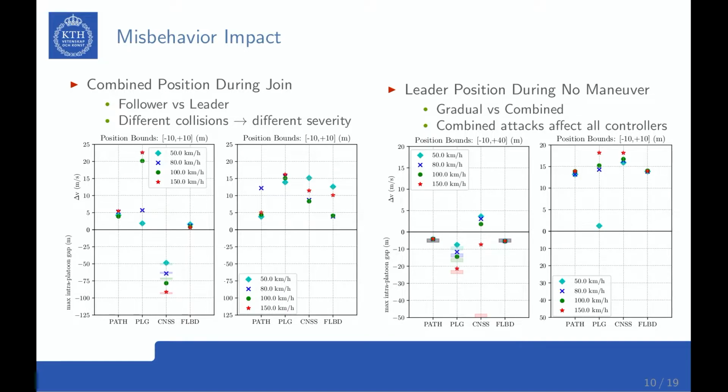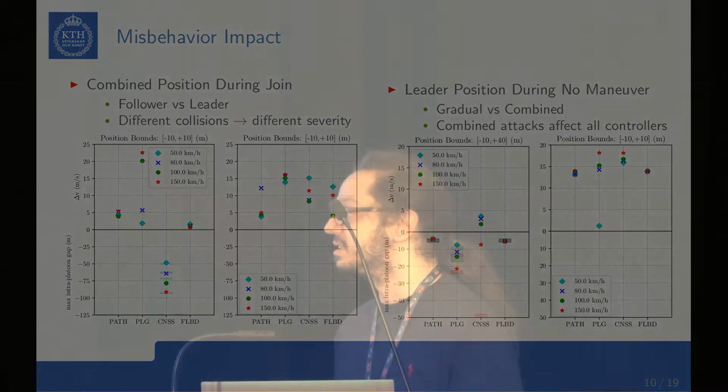On the bottom half of the figure, we show the intra-platoon distance between the vehicles. If the dot is different from the shaded box, then we know that the controller is affected by the attack and there is an induced instability. The main takeaway here is that when a leader performs the attack, the severity is bigger in most of the cases, at least.